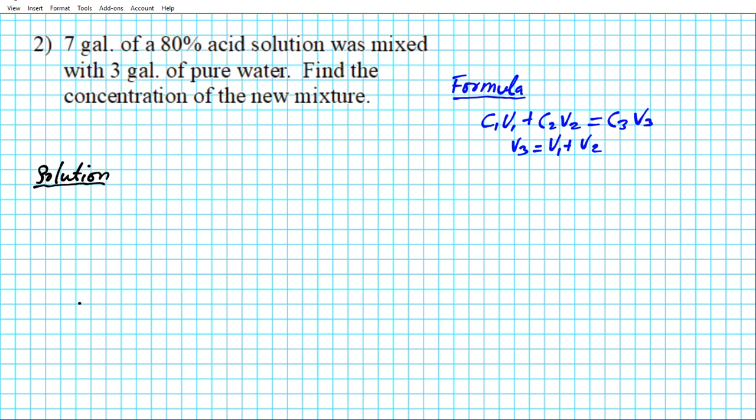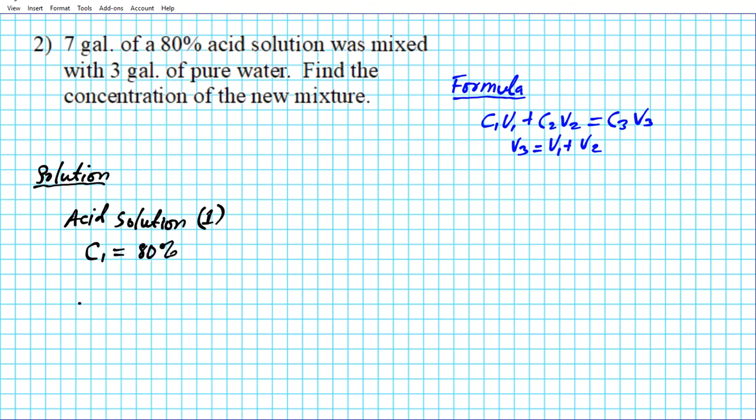Let's do it. So, solution. What are we mixing here? We're mixing acid solution. So acid solution will be the first substance. We call that 1. Okay, so what is C1? C1 is the concentration of acid in this solution. The concentration of acid in this acid solution is 80%.